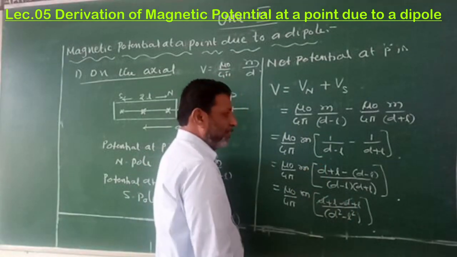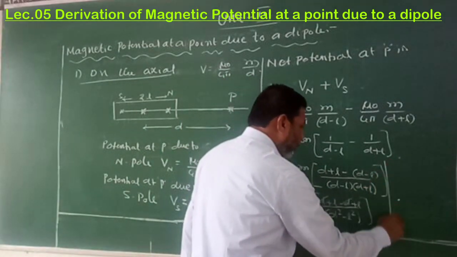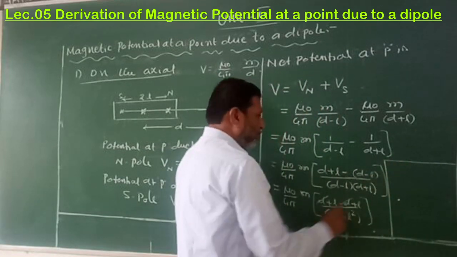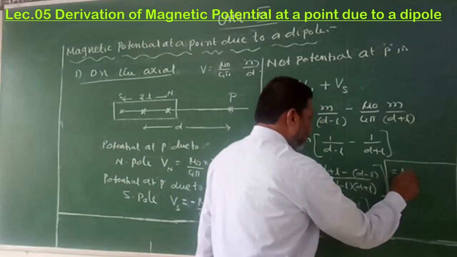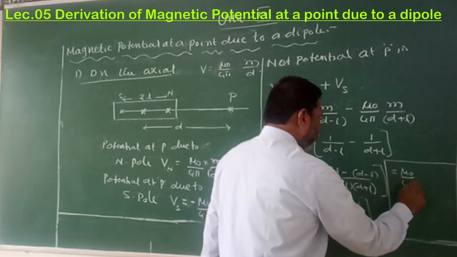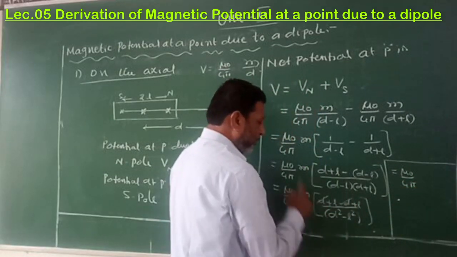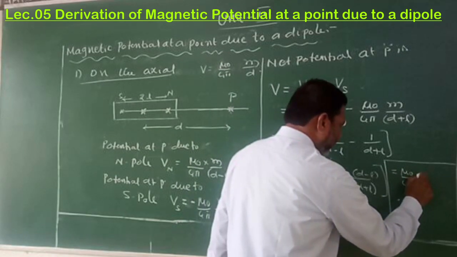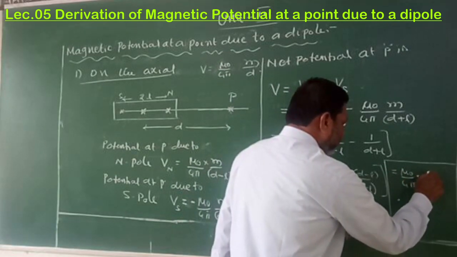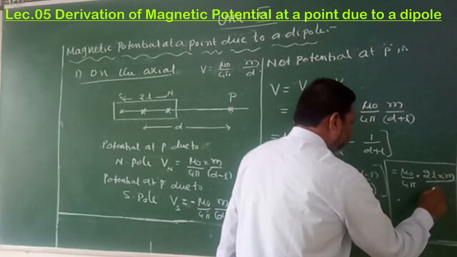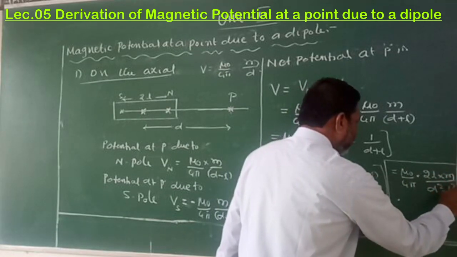What we are left with is mu naught divided by 4 pi, L plus L, which is 2L, into m, divided by d square minus L square.